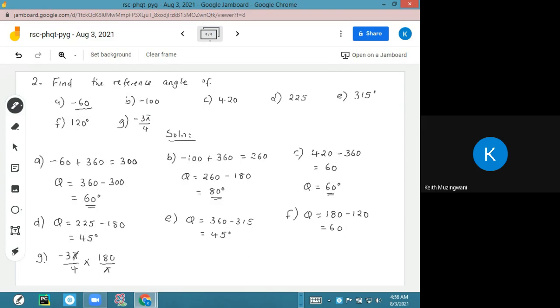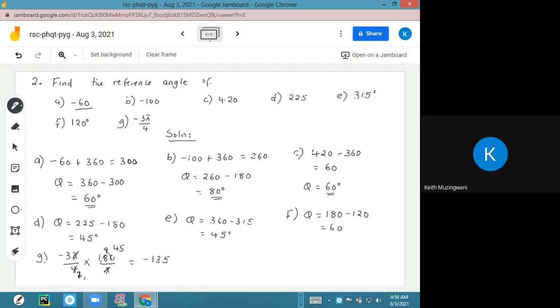So 2 here, 2 there, then 90, 45. 45 by 3. We get negative 135.